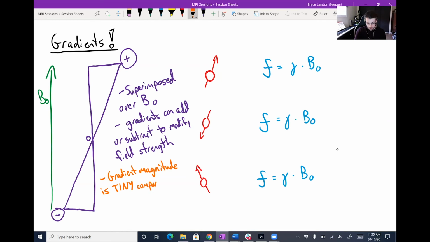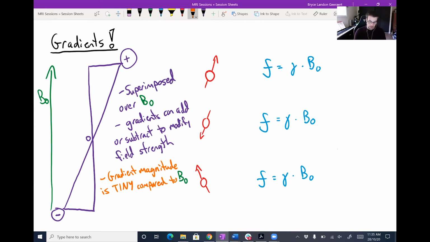Now what this means is usually around 1% of the B0 magnitude. So quite small. In terms of actual numbers, gradient strength is quantified by a magnetic field over distance.